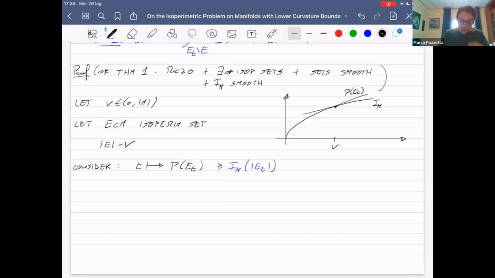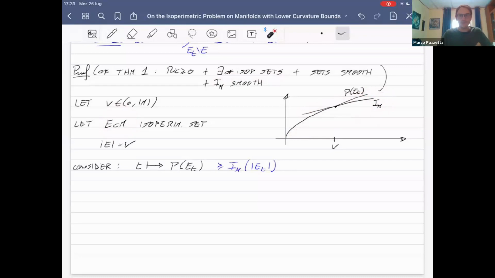And now also you can understand why existence of isoperimetric sets simplifies everything, because in a minute, since I have these two functions touching, I will differentiate the above function to get information on the function below. But at the point where they touch, I will get information also on the derivatives of I_M. So that's the idea. But to do this, I need the existence of isoperimetric sets.